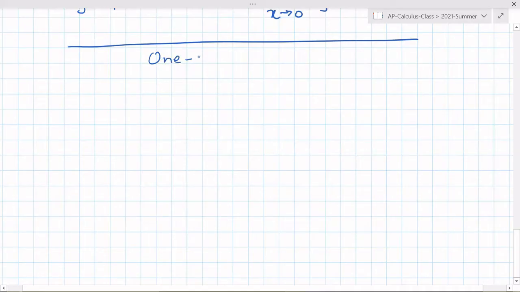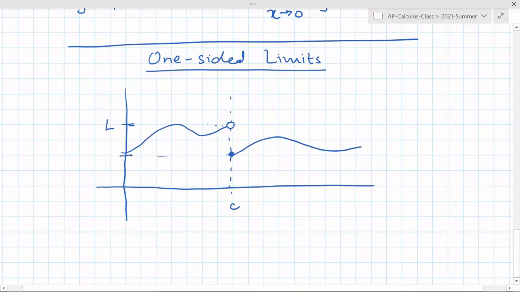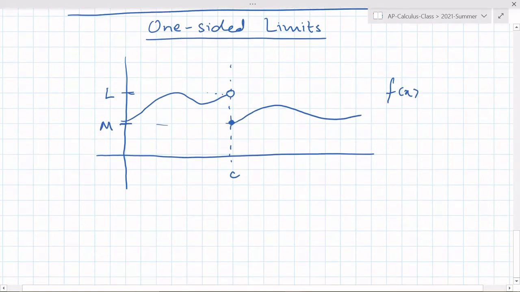One-sided limits. If we have a graph of a function like this, let's say this is the function f of x. When I approach from the left, we represent that as limit x tends to c minus of f of x.